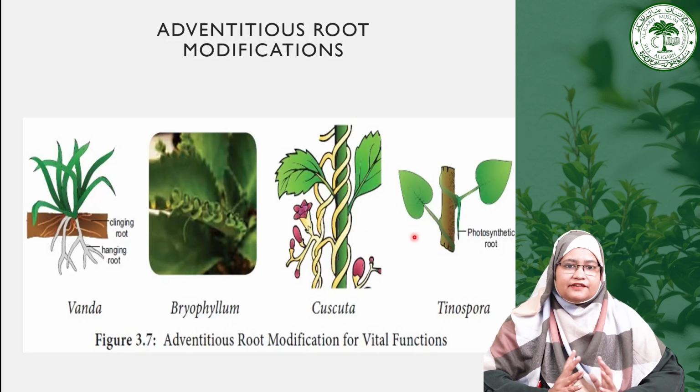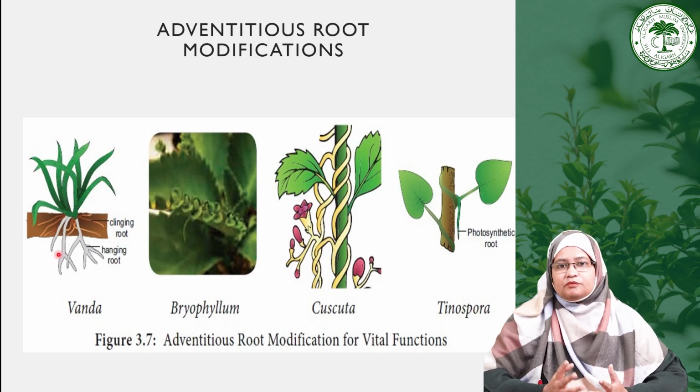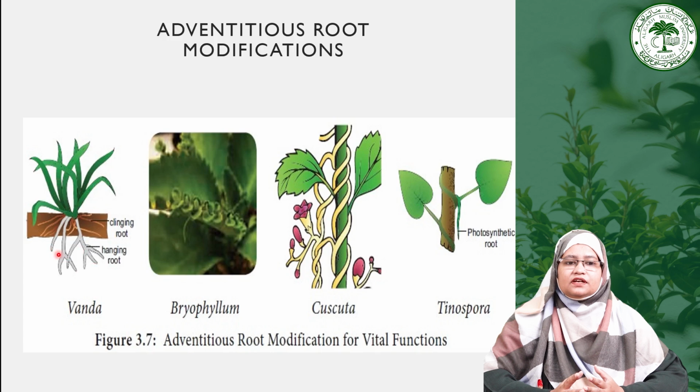Then these adventitious roots also provide some vital functions, like in vanda these climbing roots, as you can see, are providing support, and these hanging roots absorb the moisture from the atmosphere, because the roots are attached to the substratum or host. So they absorb their water requirement from the atmosphere.